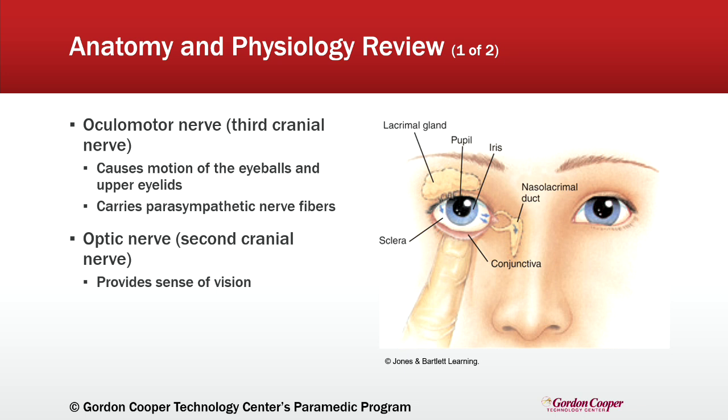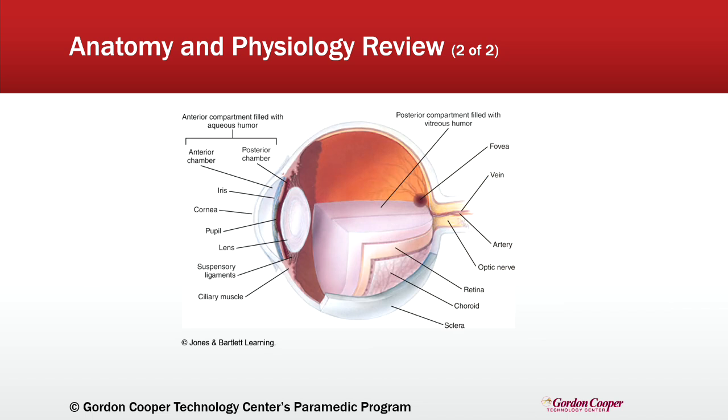It also carries parasympathetic fibers that control things like pupil constriction and focusing of the lens that we don't have control of. The other nerve is cranial nerve number 2, or the optic nerve. It's responsible for the sense of vision. So those are the two main nerves.